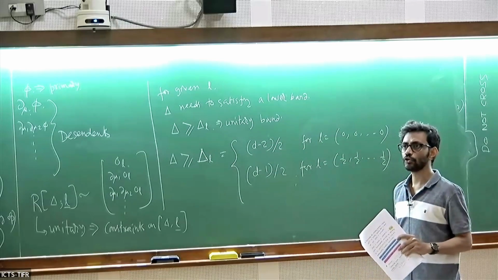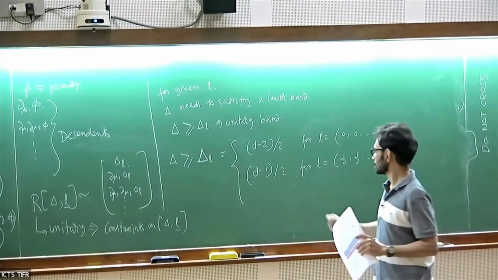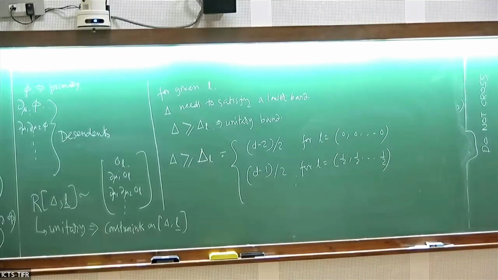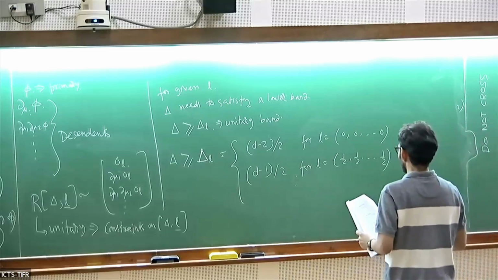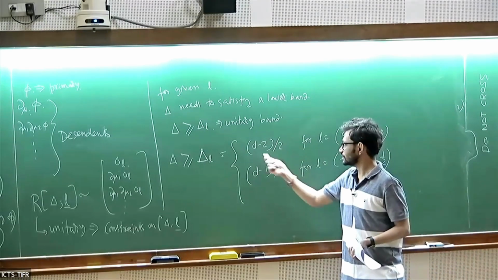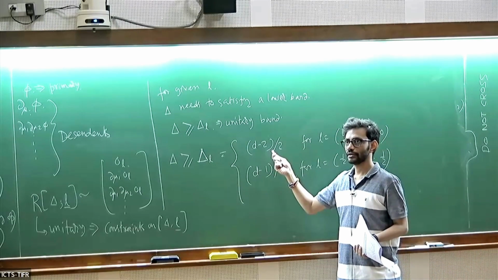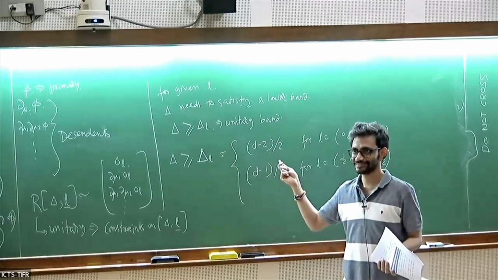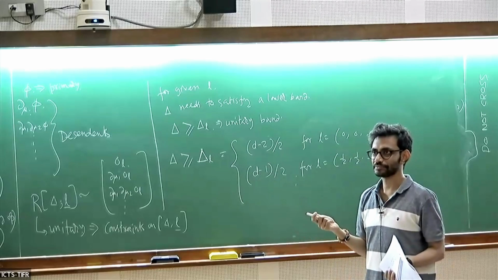Now at d equal to 4, what is this quantity? It is 1. That is the mass dimension of the scalar in four dimensions.